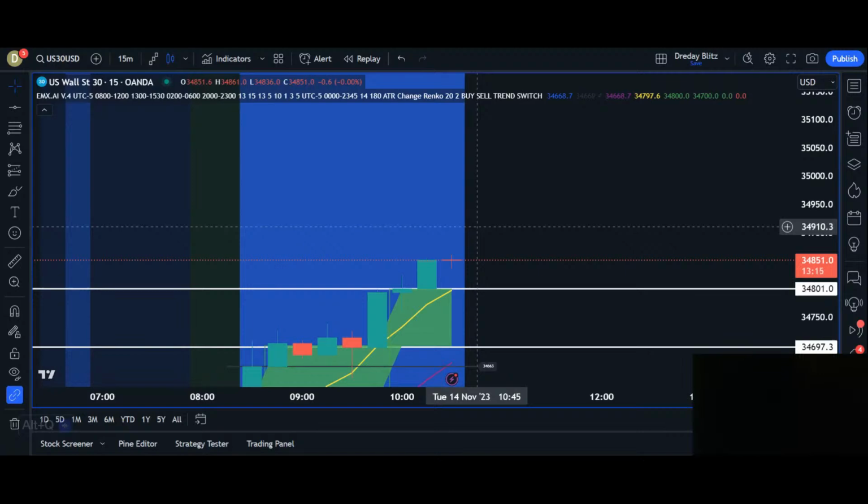And to get out of the market, I use Renko bar zones and a reversal, or I can use the Renko bar zones as a take profit zone. Okay, so usually I wait for 2 to 3 Renko bar zones to get out of the trade, or I wait for the next reversal to get out of the trade.